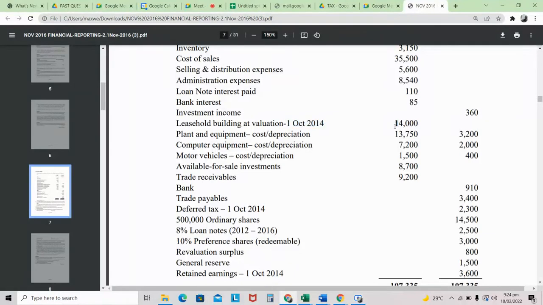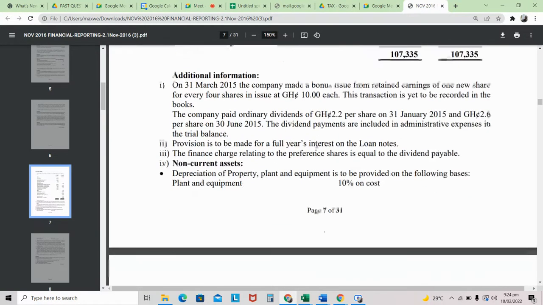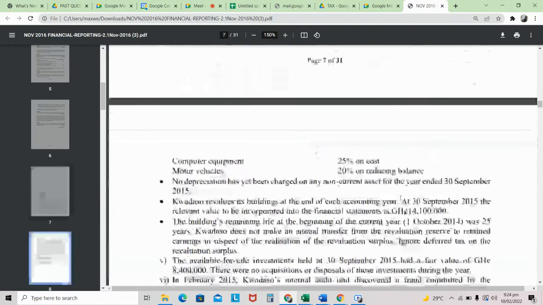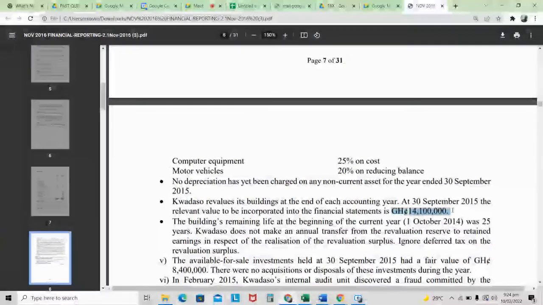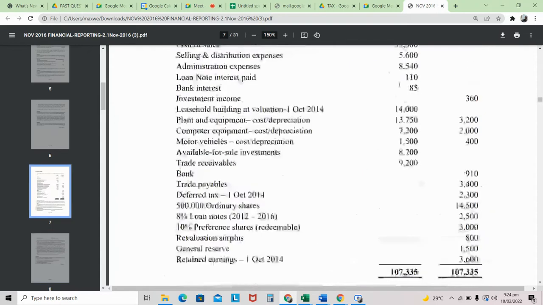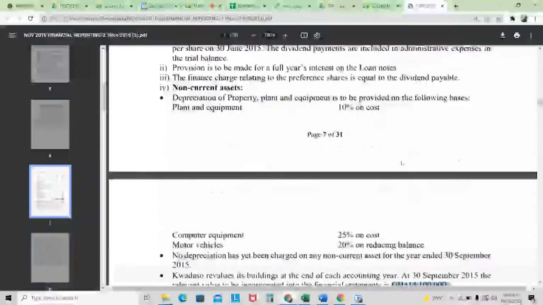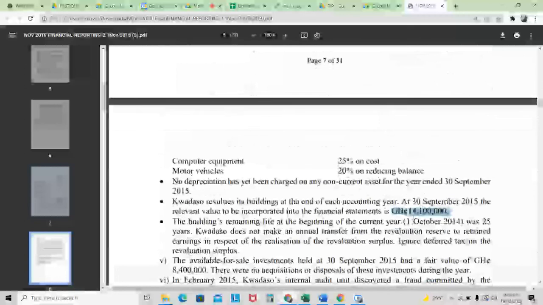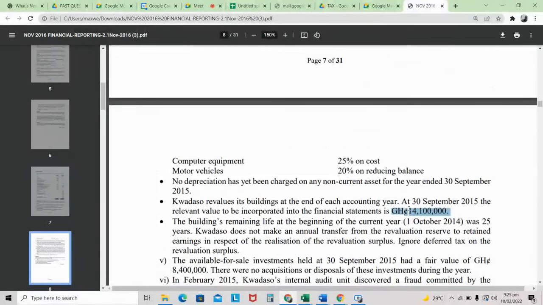So when they did the revaluation last year, they got 14,000,000. But at the end of the current year, they got 14,100,000. So it means that the value has appreciated. Initially it was 14 million, now it has increased to 14,100,000. So it's likely there's a revaluation surplus.